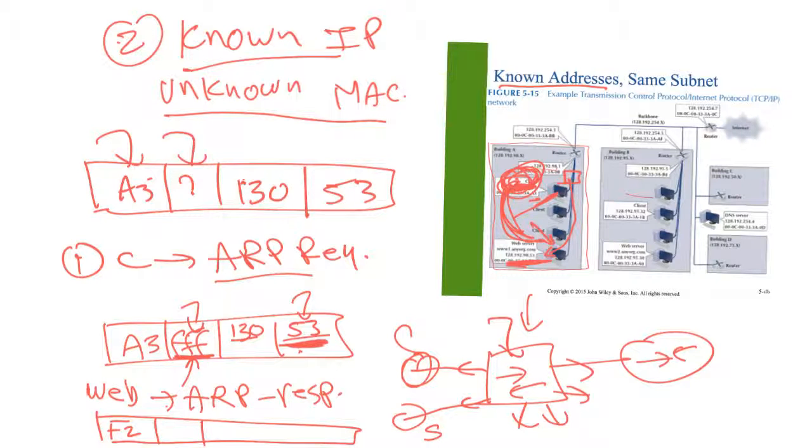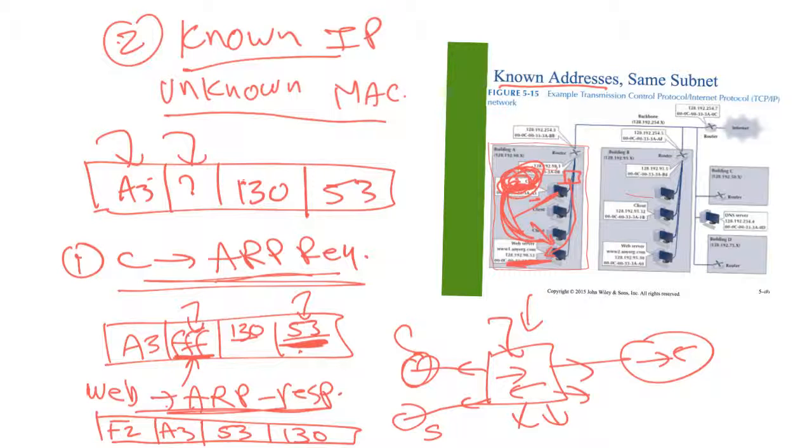It will send the message back to A3, the IP address 53, and the destination IP address 130, which is my client.